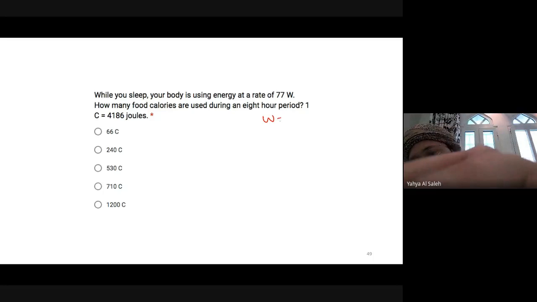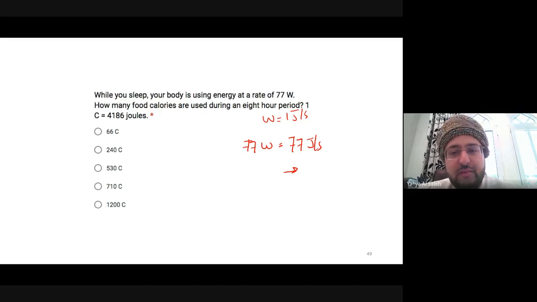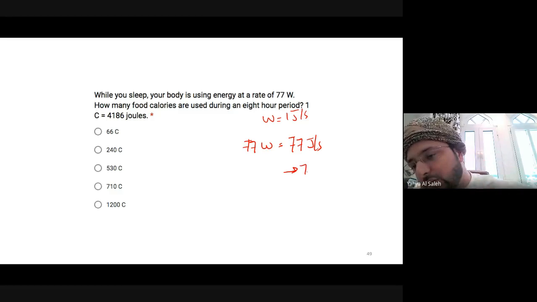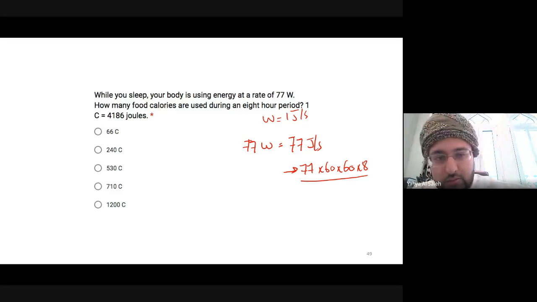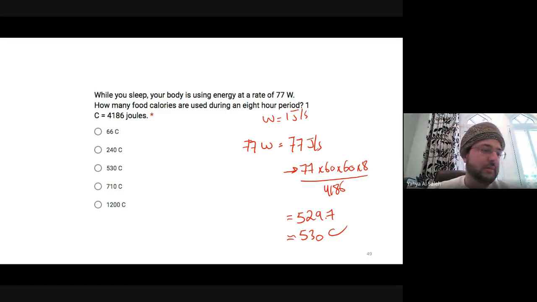Remember, a watt equals 1 joule per second. 77 watts equals 77 joules in 1 second, which means in 8 hours, you go 77 times 60 times 60 times 8 divided by 4186, and you get 529.7, which is approximately 530 calories. Well done to those who managed to do it.